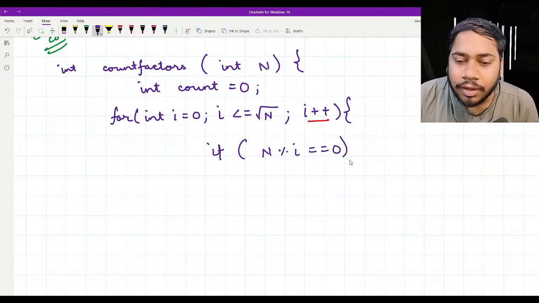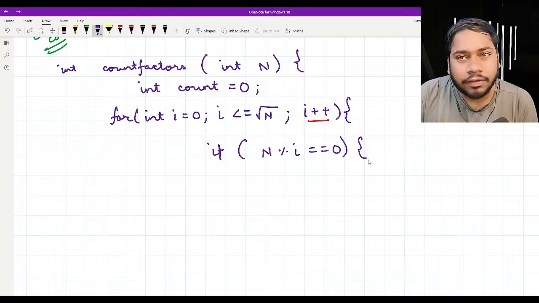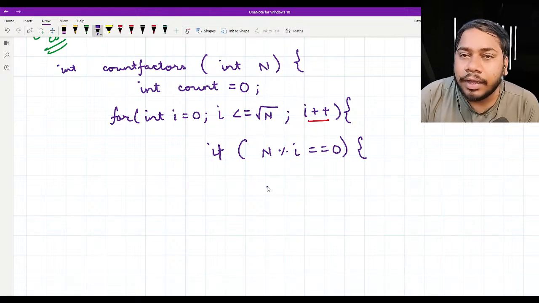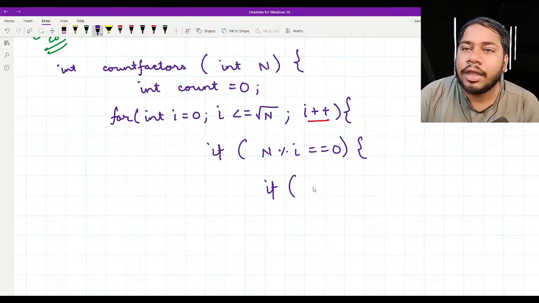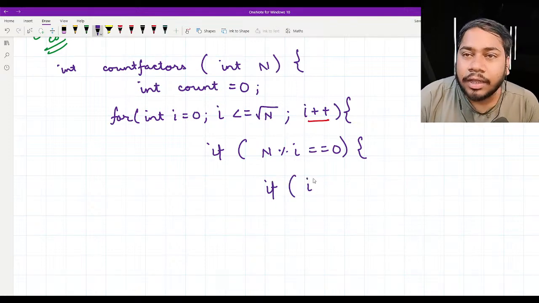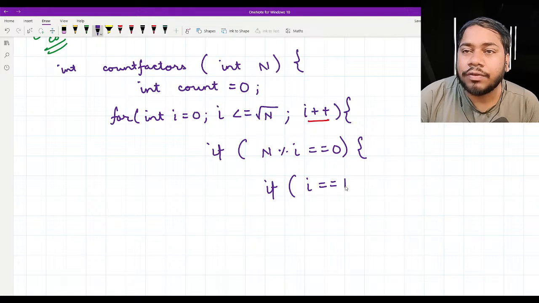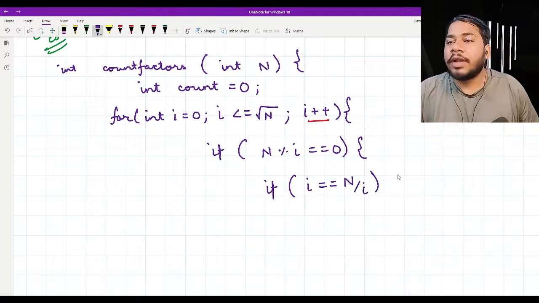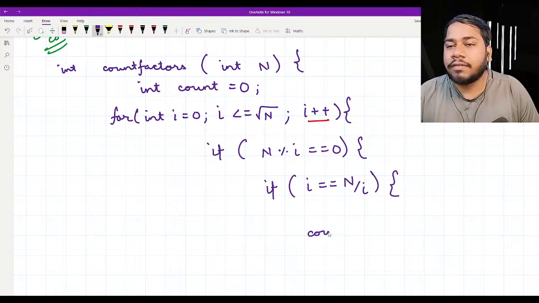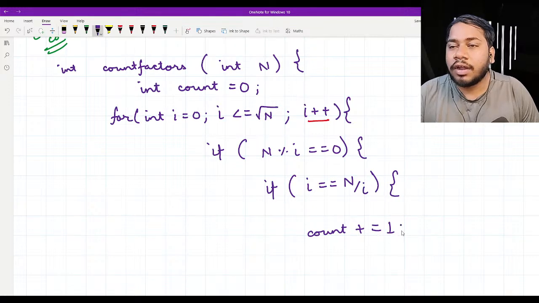That means that is a factor. So when we enter into it, we will again write an if condition. In that we will check if I is equal to n by I. If that is the case, then do count plus equal to 1. This is the alternative way of writing that.